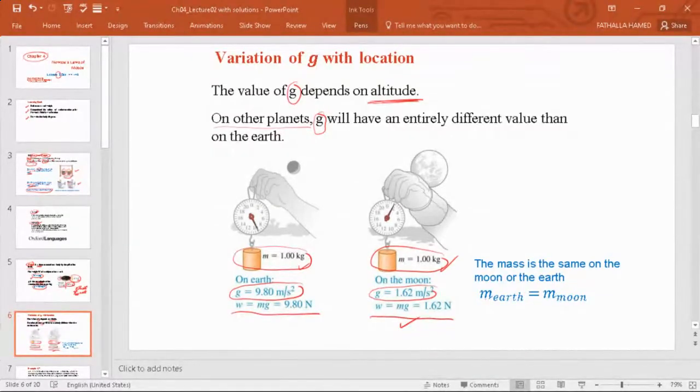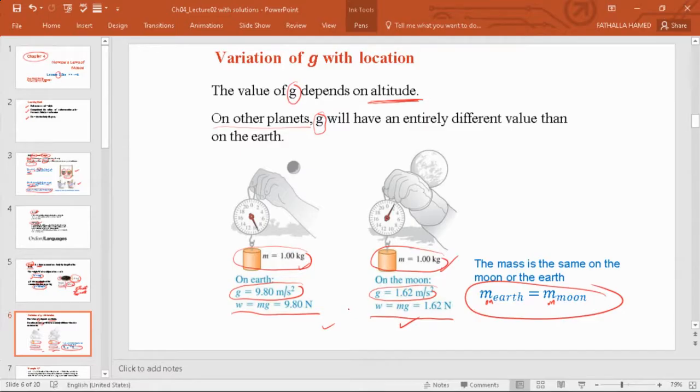When we say mass Earth, we mean mass on the Earth, and when we say mass moon, we mean mass on the moon. They are equal. We're not saying that the mass of the Earth is equal to the mass of the moon. What we're saying is the mass on the Earth is equal to the mass on the moon. The difference comes in g, and that's the difference between mass and weight.